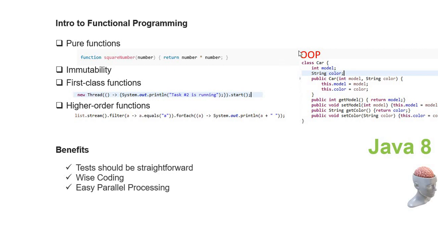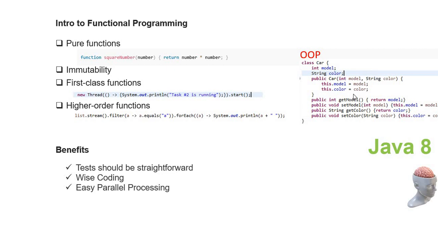The state of the object will be changing inside the behavior. So when multiple threads try to access this car, they will be sharing the car object, and there is a high chance that one thread can change the state seen by another thread.